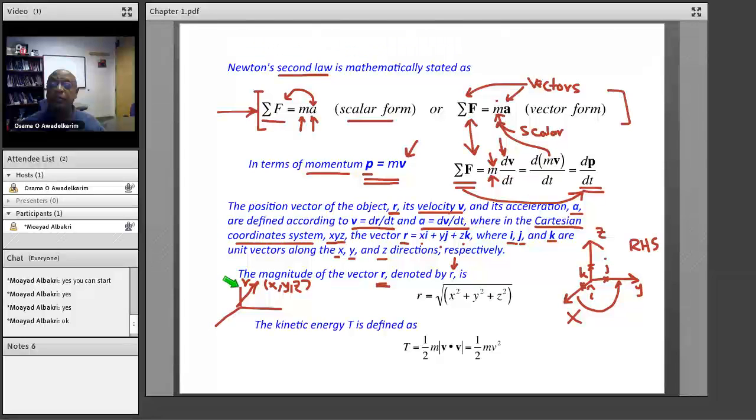So this is x, y, and z. So the length of this vector r, from the origin to the point P given by x, y, and z, is simply the square root of x squared plus y squared plus z squared.